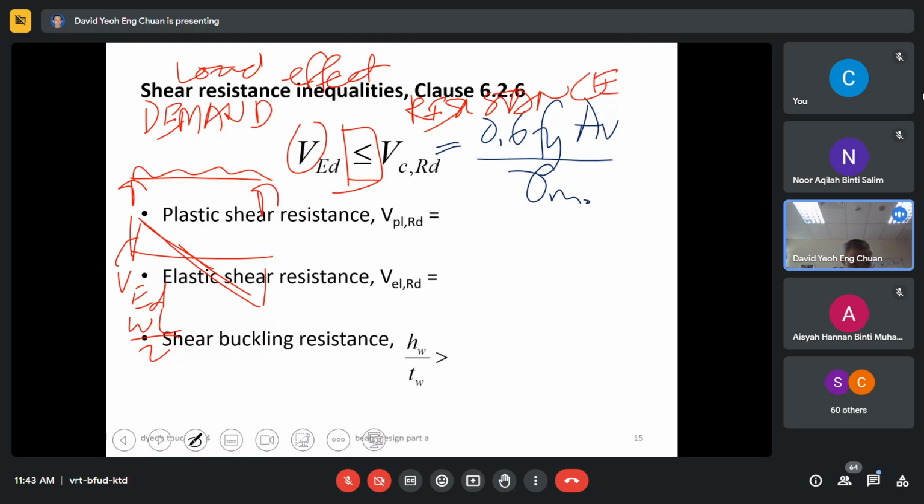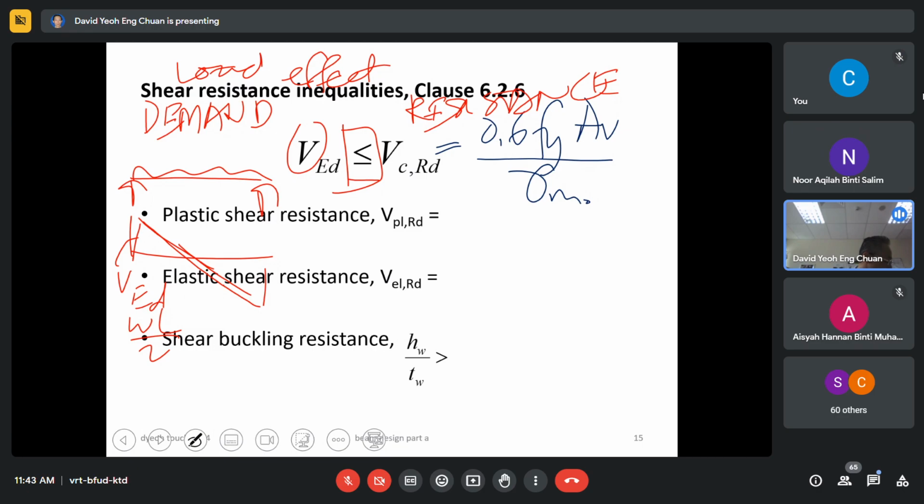Are you ready, Akila? Doctor, is the clause in Eurocode? Yes, it has to be in Eurocode. We are talking about Eurocode 3. I don't have the Eurocode. Page 71?